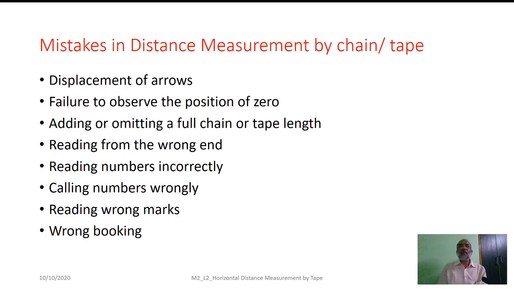One may read from the wrong end, or the numbers could be read incorrectly, especially 6 and 9. These figures create confusion if the direction is reversed while measuring. The numbers may not be called correctly, that's why the entry could be wrong. Sometimes people may read the wrong graduations, and even the booking of the entries could be one of the mistakes.